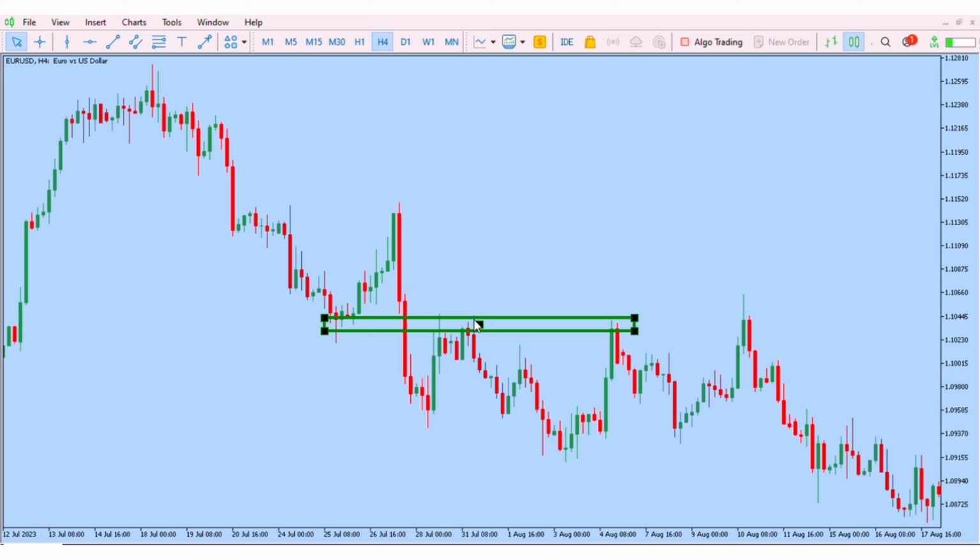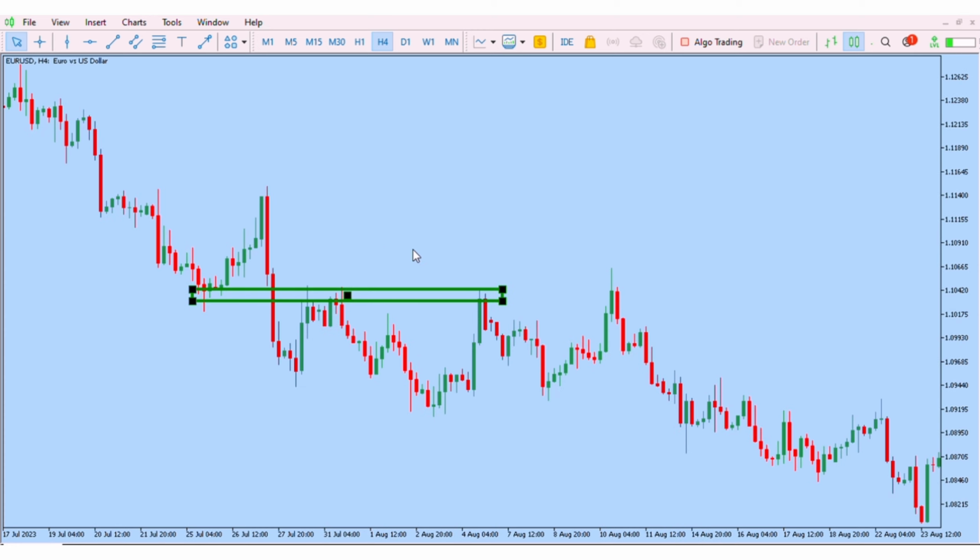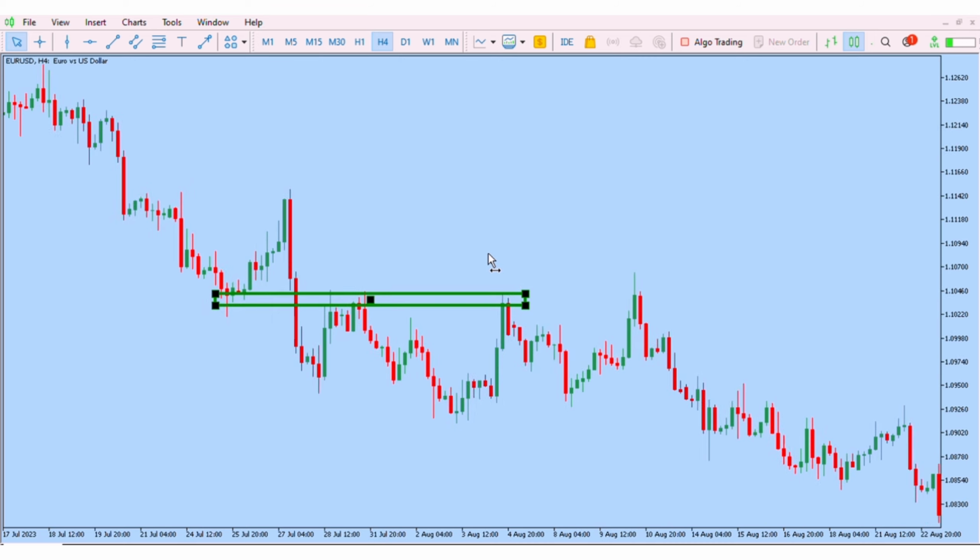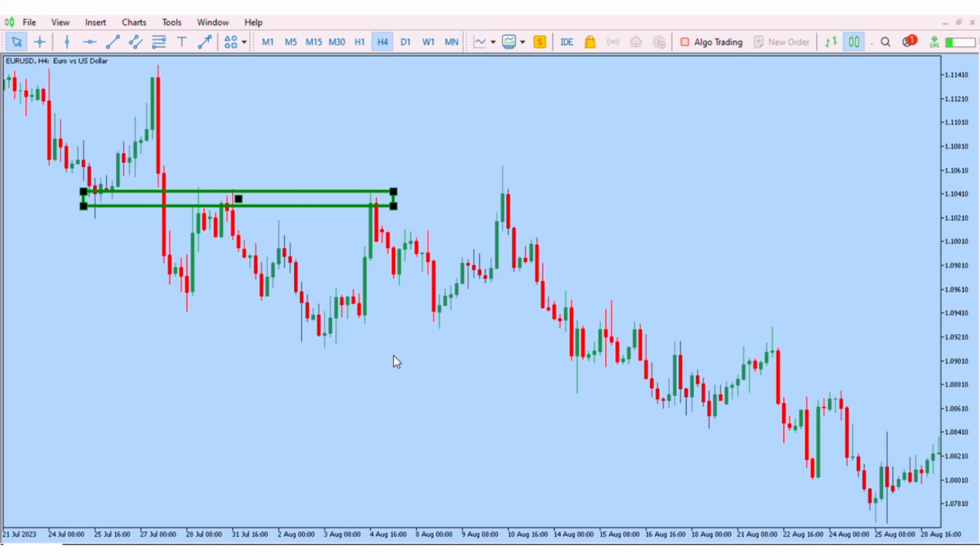The market is clearly obeying this level. Here made it the fourth time it's bounced off this level. Study these points carefully.